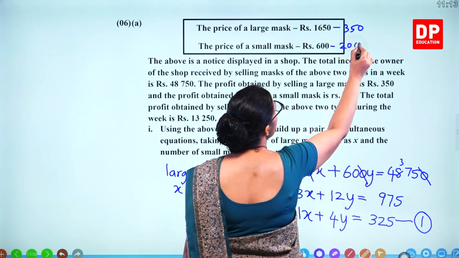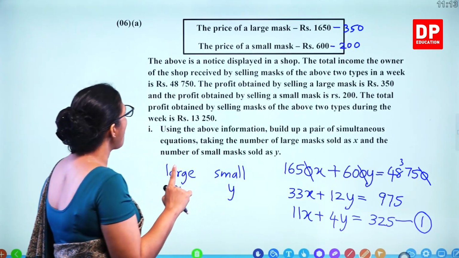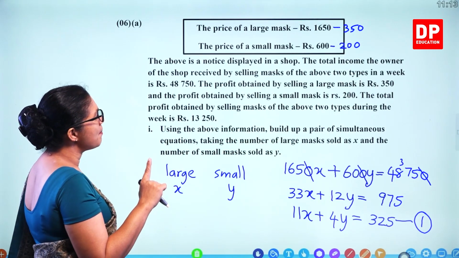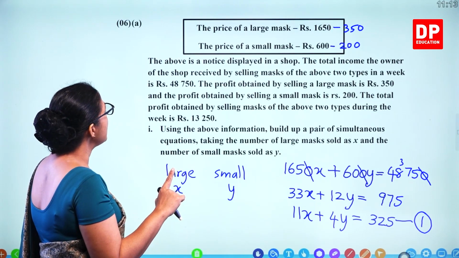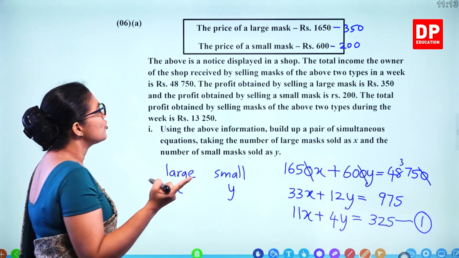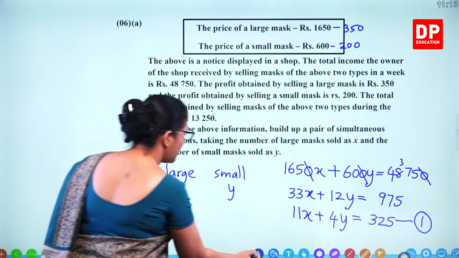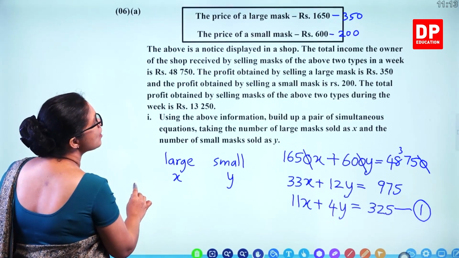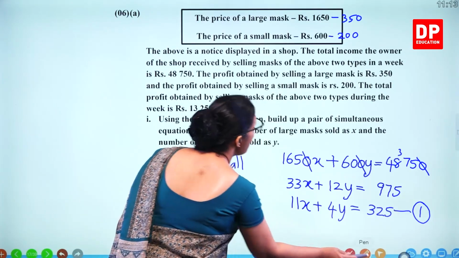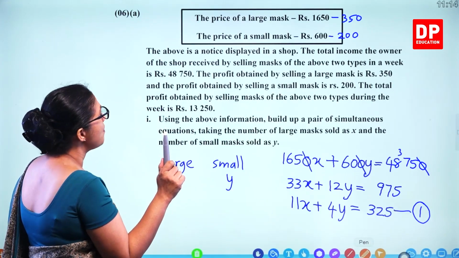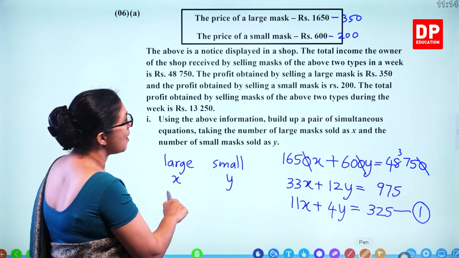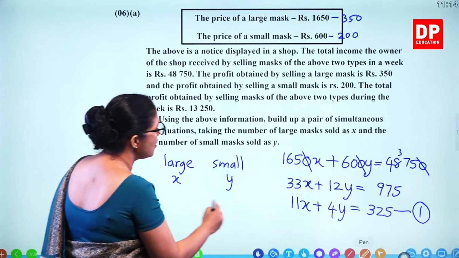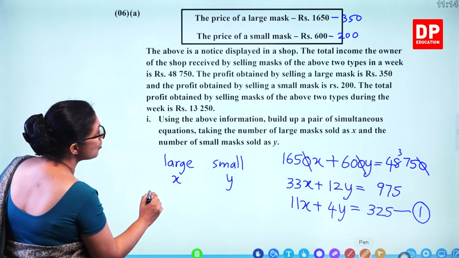The total profit obtained by selling masks of the above two types during the week. So just the profit, you can write another equation. 350 for one large mask, and there are X number of masks, so you can make the second equation.